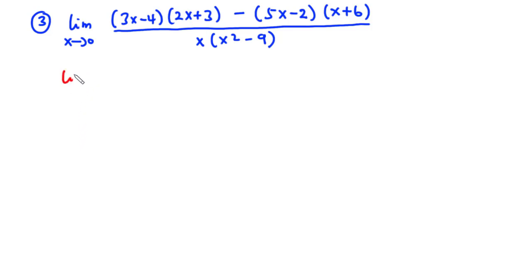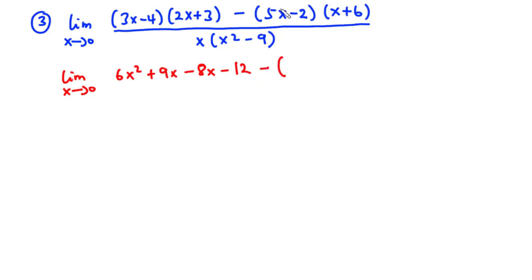So we have the limit as x approaches 0. Now let's multiply this and then this. So we have 3x times 2x to be 6x squared. We have 3x times 3, which is 9x. We have negative 4 times 2x, which is negative 8x. And then negative 4 times 3, we have negative 12.